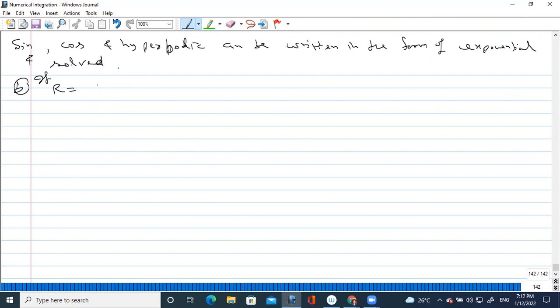If suppose our right hand side is sine ax, then your particular integral will be 1 upon f(D) into sine ax. In that formula, actually, this formula works only on D square.